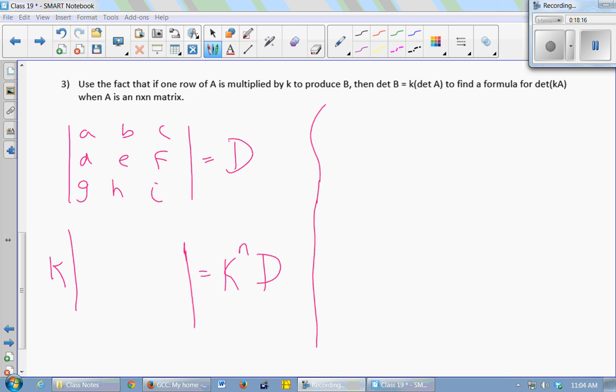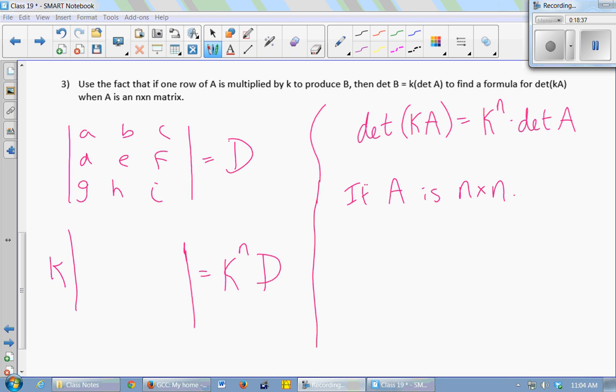So the determinant, we'll just write this out, of a scalar k times a matrix A is k to the n times the determinant of A, assuming A is n by n. So you'll need that property later in the group activities.